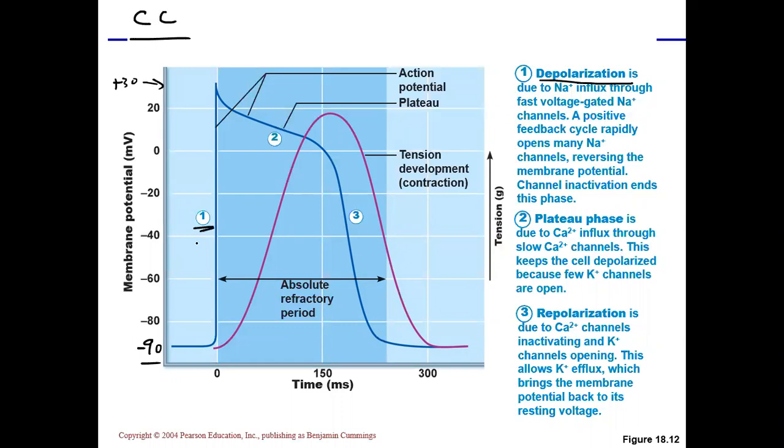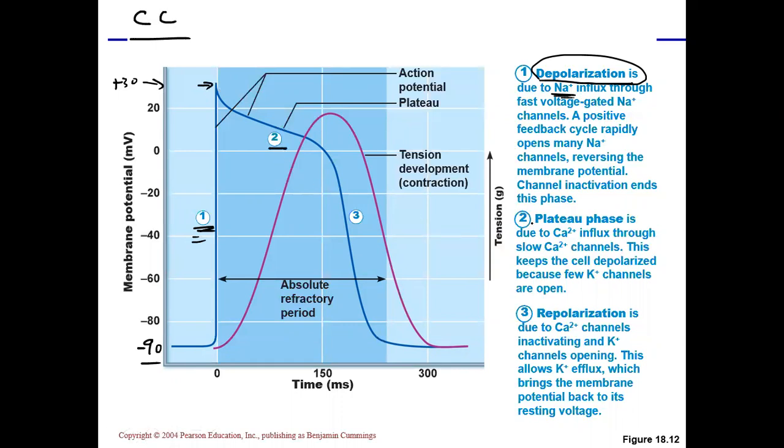So during process one, depolarization, fast sodium voltage gated channels are opening, sodium is rushing inside, causing the membrane potential to be positive. So you're changing from negative to positive. That was depolarization. Take a look at number two.